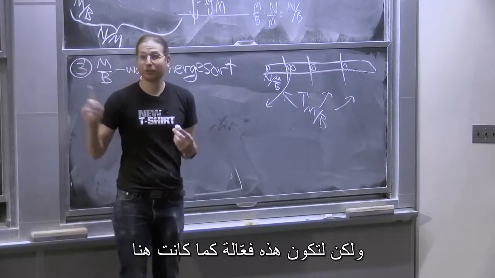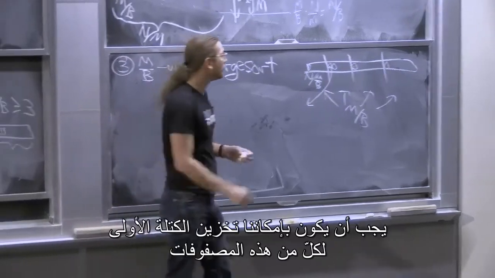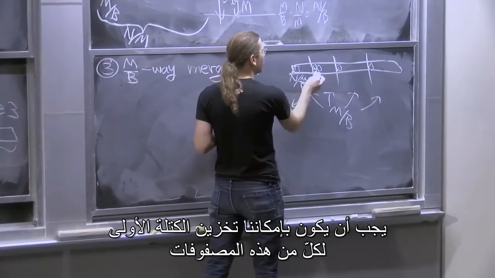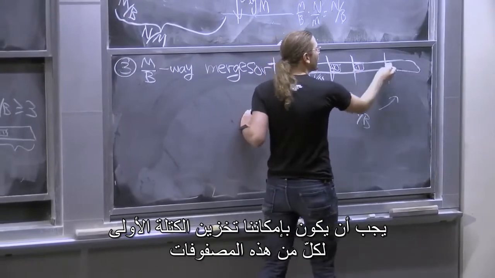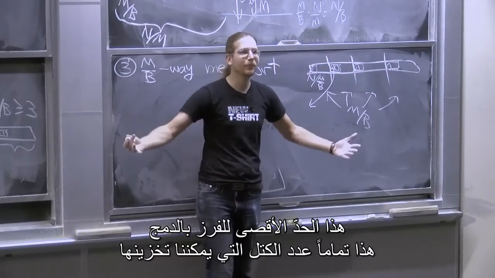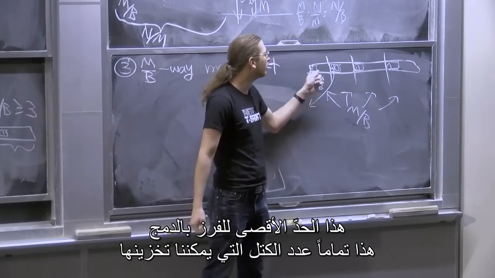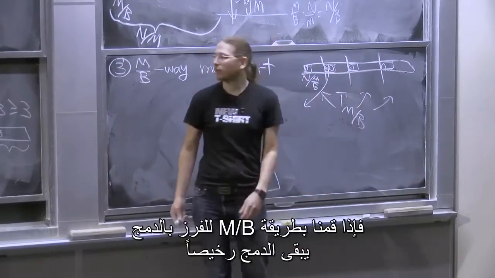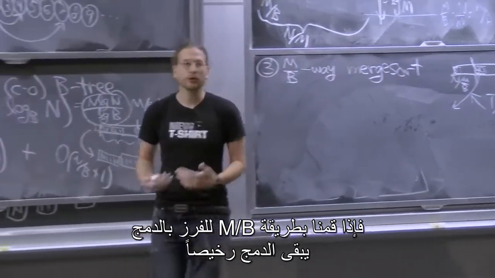The issue is, for this to be efficient like it was here, we need to be able to store the first block of each of these arrays. How many blocks do we have room for? M over B. This is maxing out merge sort. This is exactly the number of blocks that we can store. And so if we do M over B way merge sort, merge remains cheap.